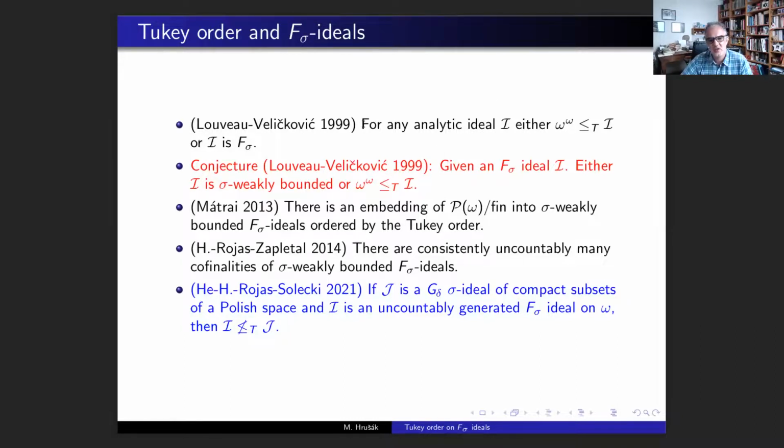In particular, they show that if you take any analytic ideal on omega, then either it sits on top of omega to the omega, or it is F sigma. And they actually gave an example of an ideal which is F sigma, which is not on top of omega to the omega. We will see that example in a bit.